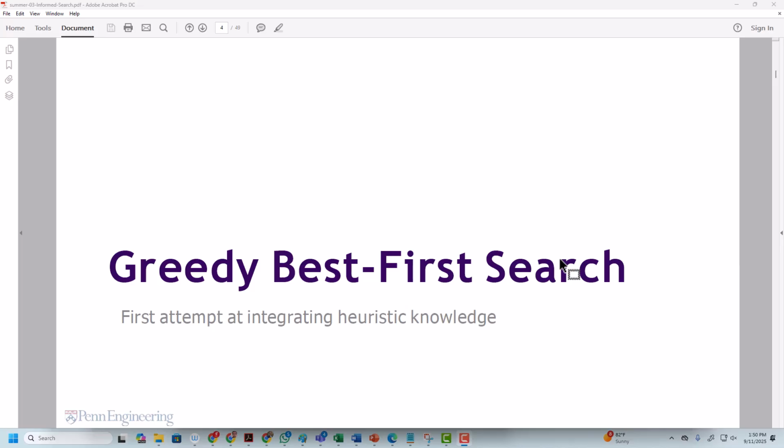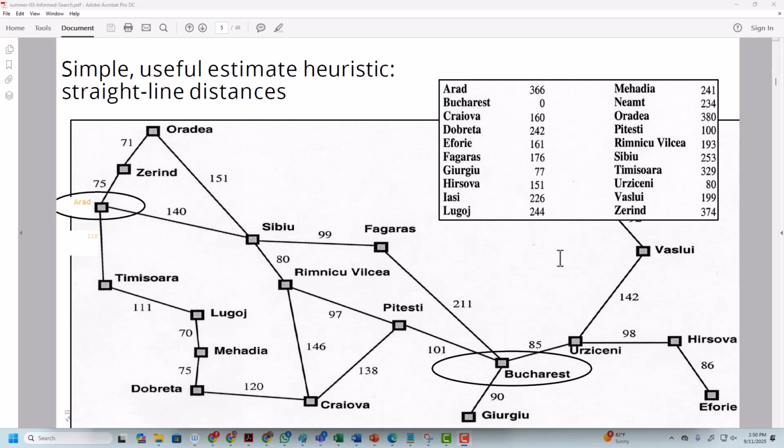This entire concept of informed or heuristic-based search strategies starts from best-first search, or greedy best-first search. It works just like uniform cost search, but instead of choosing the lowest g(n), which was the path cost so far, that means the cost from Arad to Zerind, the 75, that was g(n), we choose the lowest f(n), where f is some evaluation function.